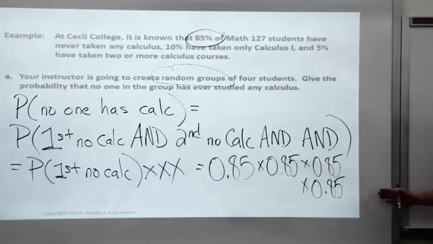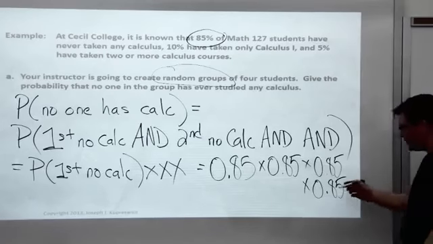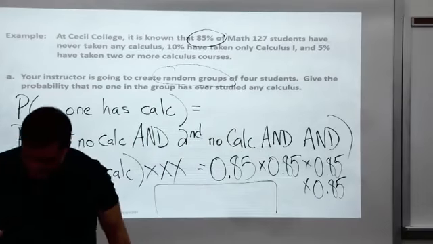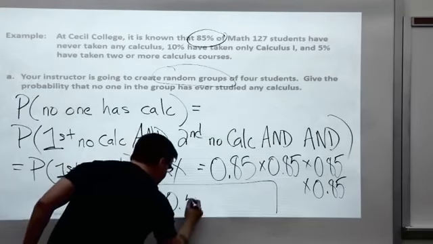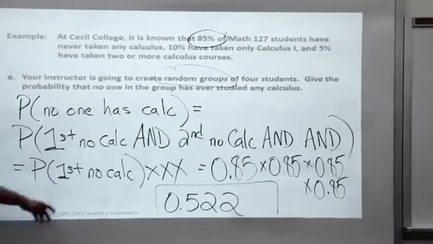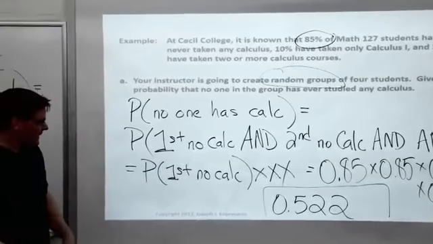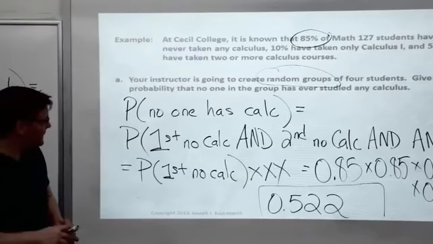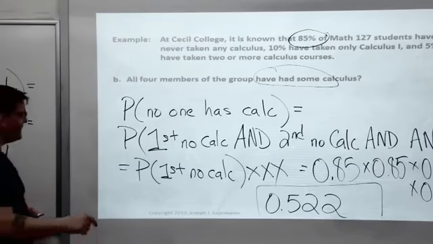I love it if you write it 0.85 to the 4th power. I don't have any room to do this, but let me just put the answer here in the box. 0.85 to the 4th is 0.522. It's a little bit better than 50-50 odds that nobody in your group has ever had any calculus. All right. So that's A. B and C we'll call it a day.